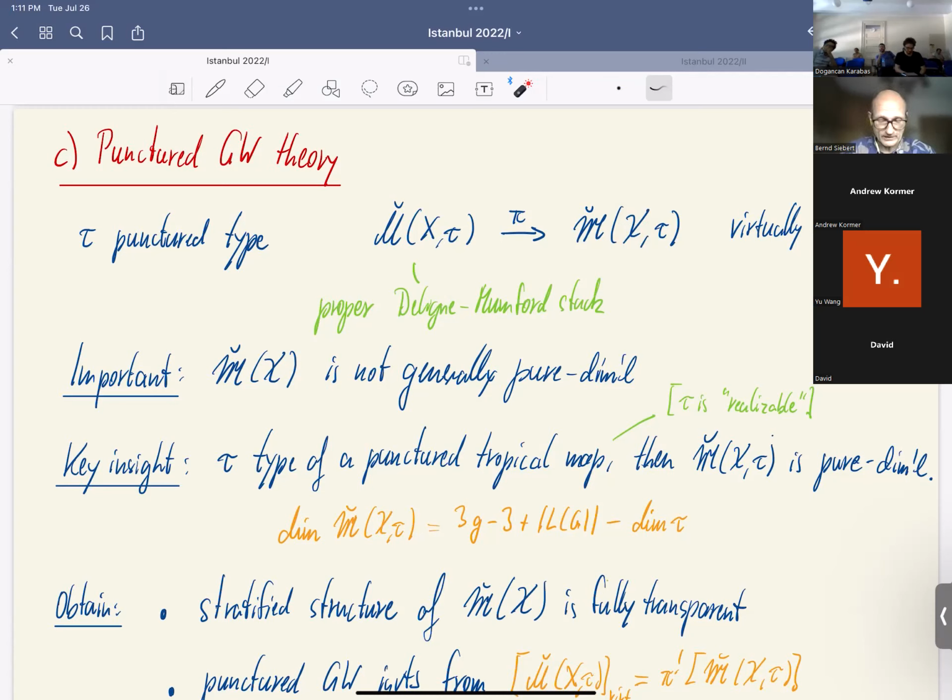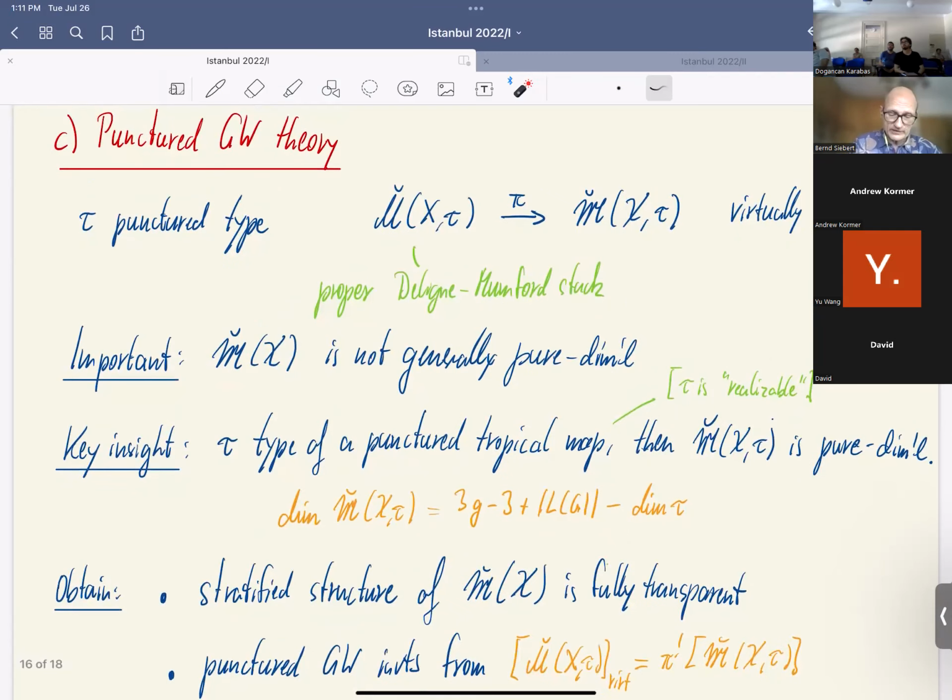Okay, but now there comes a moment of anxiety, where you find that these base spaces are not generally pure dimensional. So that's a problem if you want to think about how we ever define invariants if that's not a pure dimensional base, okay?